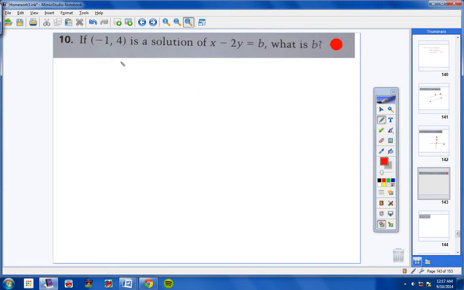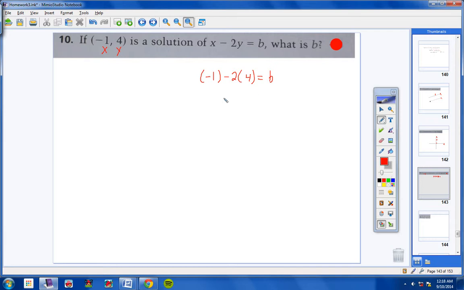If (-1, 4) is a solution of x minus 2y equals b, then what is b? Well, it's really pretty simple what to do here, students. This is your x, this is your y, so where the x is, I'm going to substitute negative 1. And where the y is, I'm going to substitute 4. And then I'm going to solve for b.